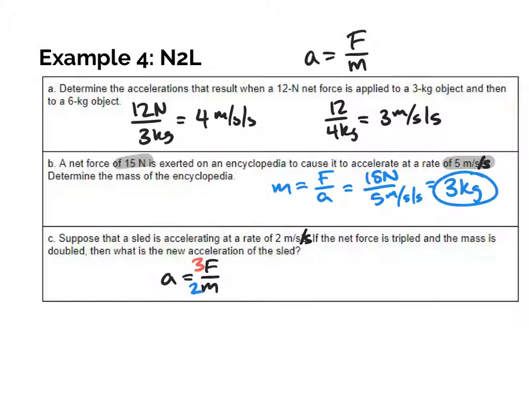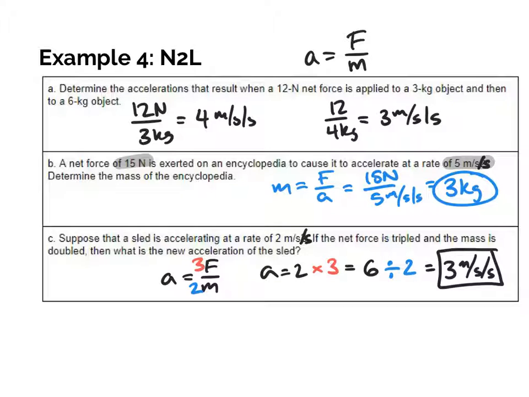When you triple the force, it makes the acceleration 3 times bigger, so multiplying 2 by 3 gives me 6. But by doubling the mass, that's going to cut the new acceleration in half. So that would result in an overall acceleration of 3 meters per second squared.